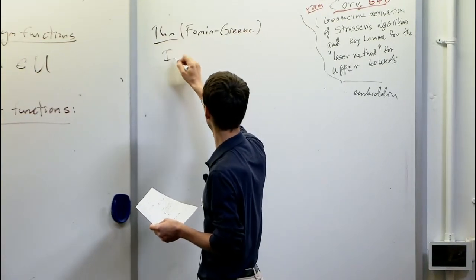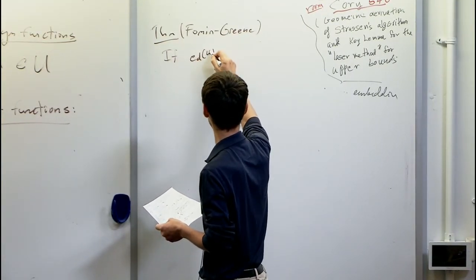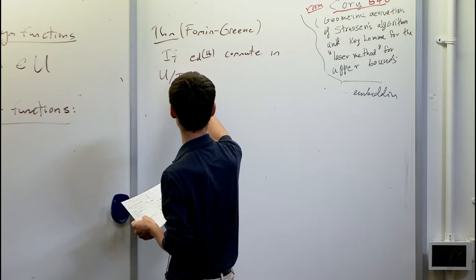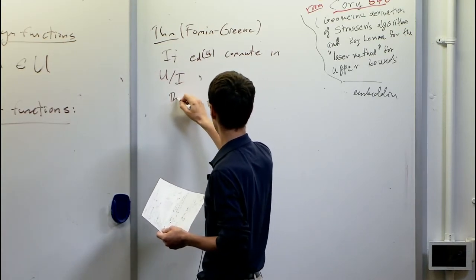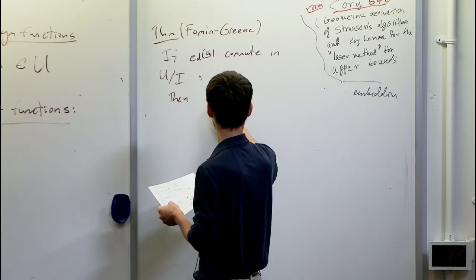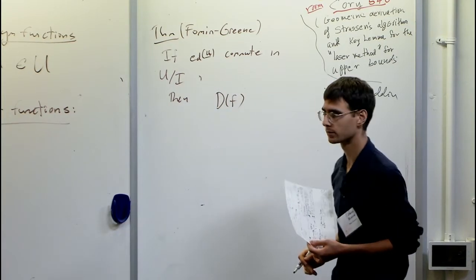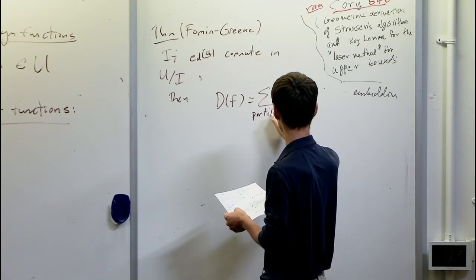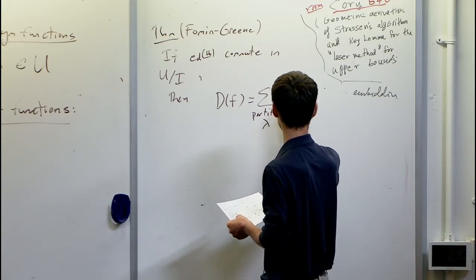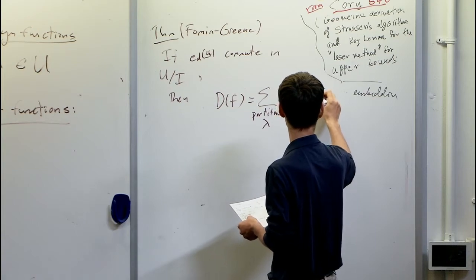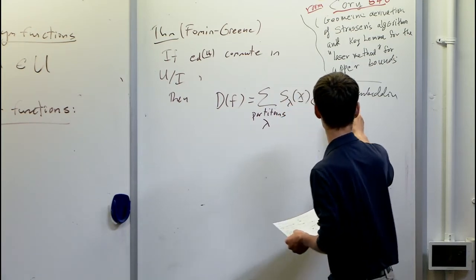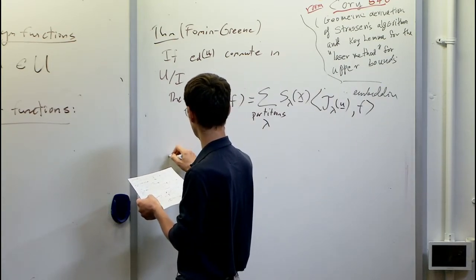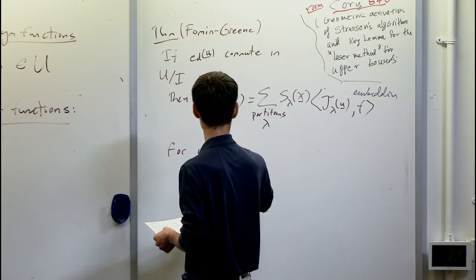Which says that if the E_D of U commute in some quotient of U, then the generating function of some F is given by the following. So this is over partitions lambda. This is provided for any F in I perp.